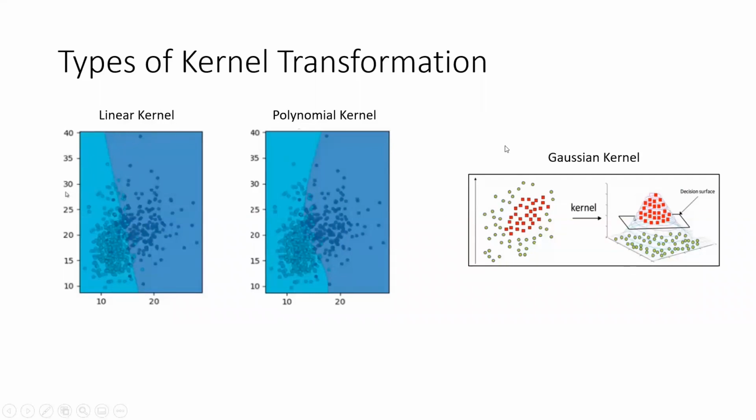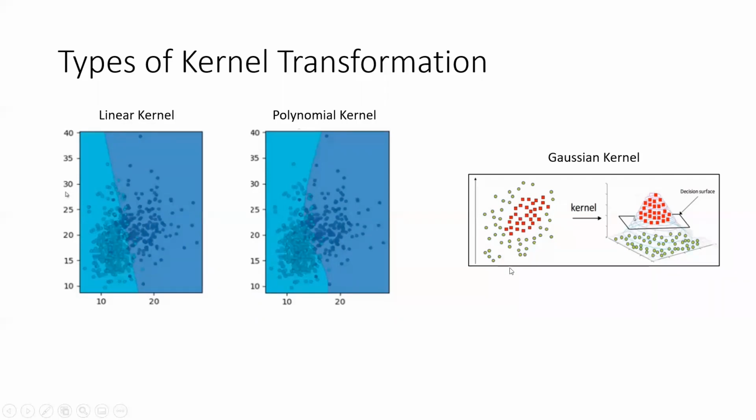The third type of kernel is the Gaussian kernel. It is born out of the normal distribution, or the normal bell curve, only it is projected into a higher dimension. If you remember, the normal distribution curve is also called the Gaussian distribution curve, right? So you see what we have done here.